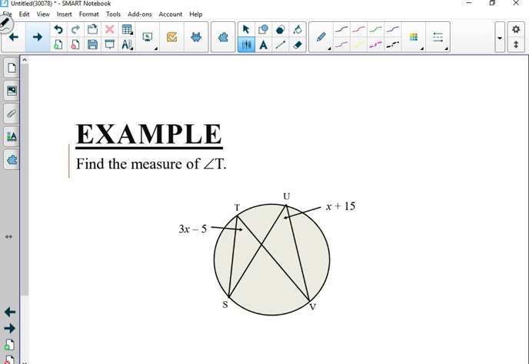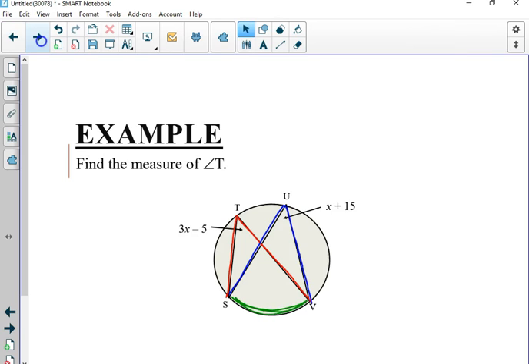Okay, find the measure of angle T. Okay, well, once again, it might help if you use some colored pencils, something like that, to show what's happening here. They are both intercepting the same arc, SV.